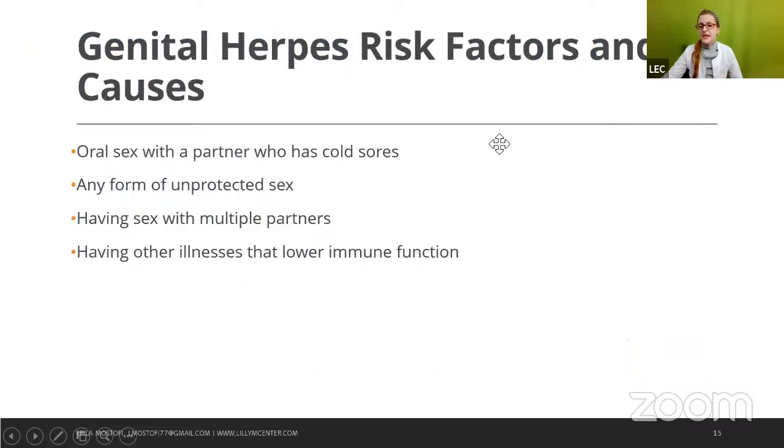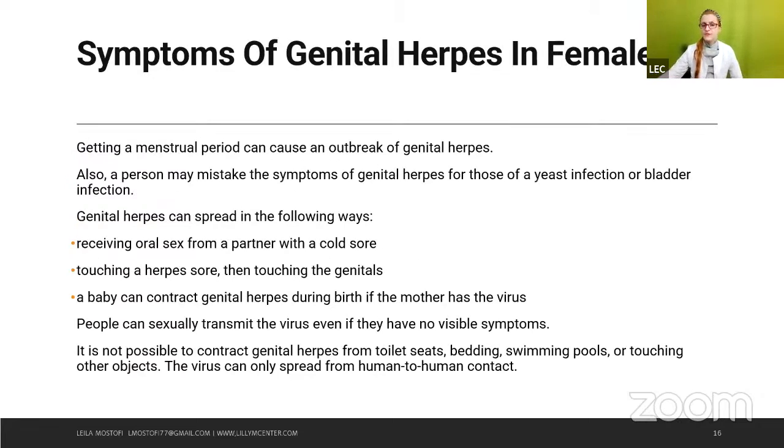Genital herpes has some risk factors and causes, as I explained to you before: oral sex with a partner who has cold sores, any form of unprotected sex, having sex with multiple partners, and having other illnesses that lower immunity.